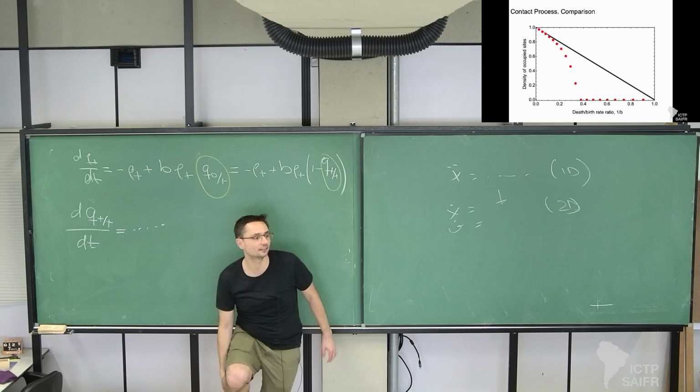But if I have an equation for x that depends on x and y, and an equation for y that depends on x, y and c, then I have a problem, because I have to write an equation for c. And maybe it depends on c, x, y, and v, and so on, so forth. And this is what is going to happen if I write an equation for this, that's what we are going to do tomorrow.